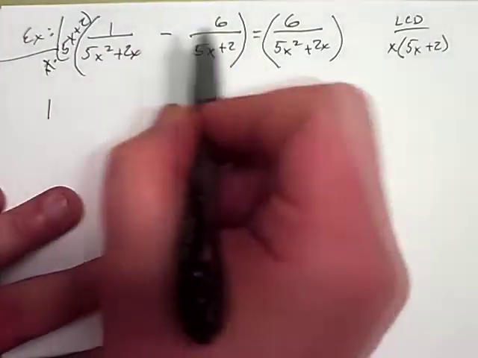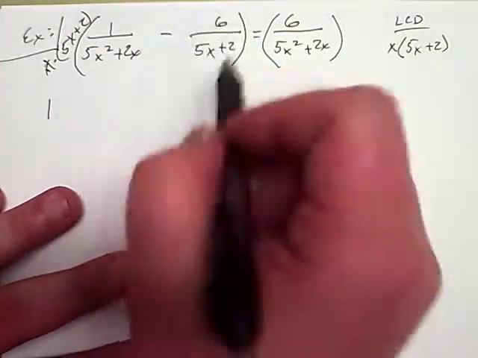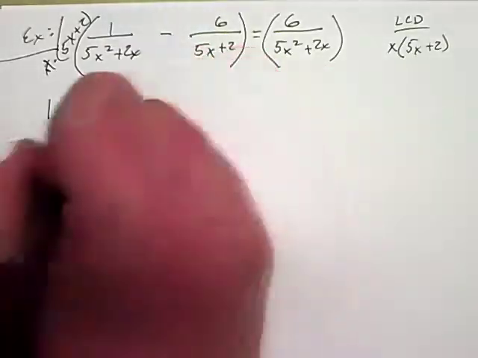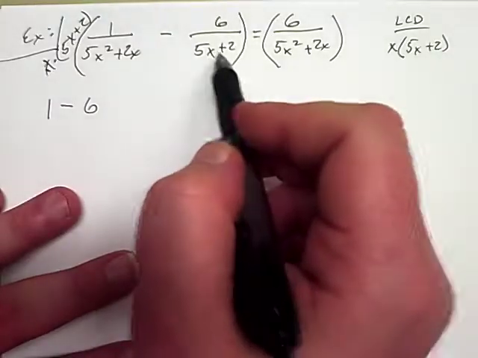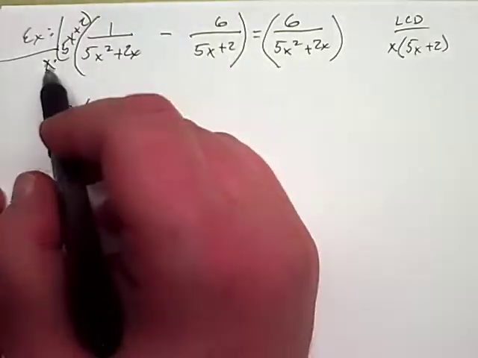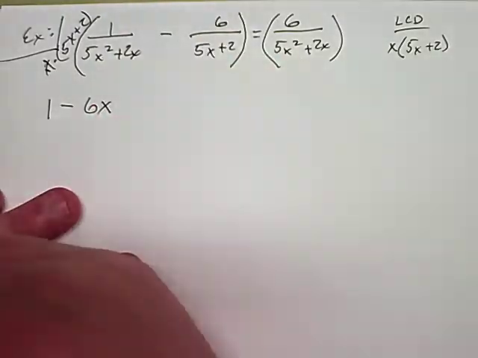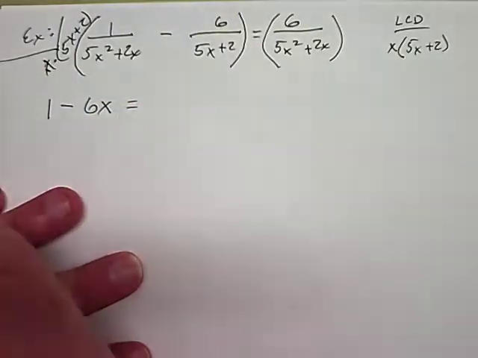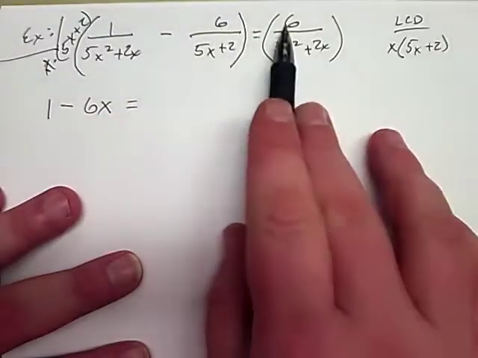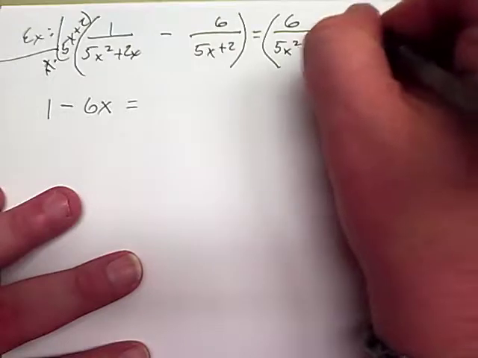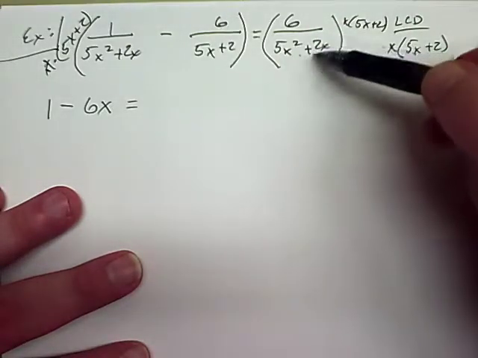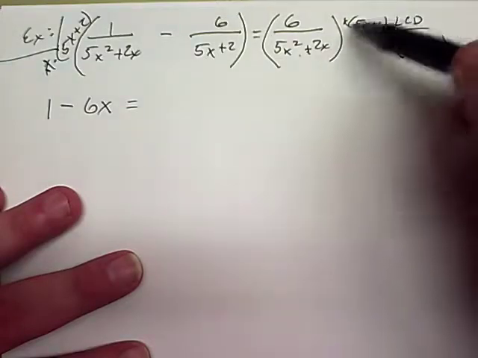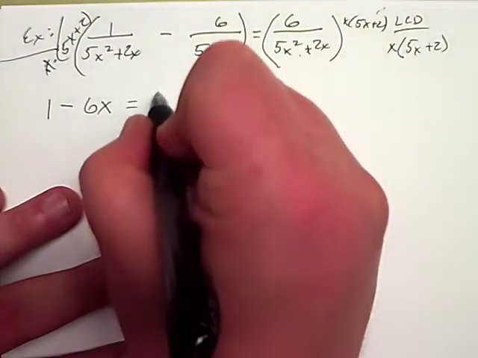Now I distribute to this term. It's a minus, and the 6 is there; the 5x plus 2 cancels, and I'm left with x. On the right-hand side, multiplying by x times 5x plus 2, the whole thing cancels, and I'm left with 6.